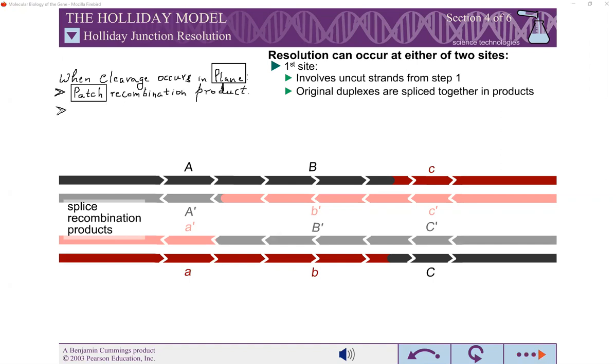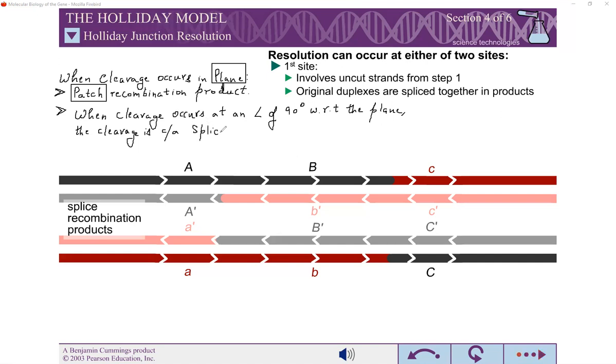When cleavage occurs at 90-degree, at an angle of 90-degree with respect to the plane, the cleavage is called splice recombination product.